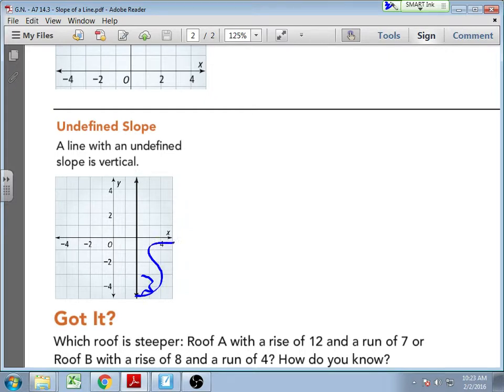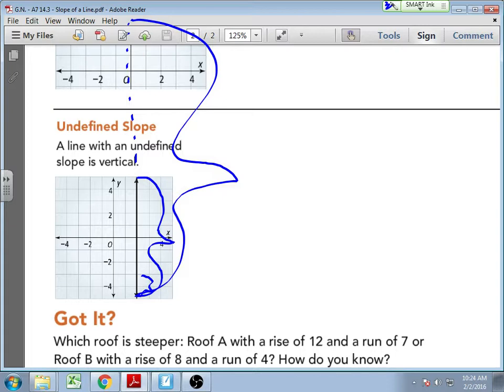If I use this gap, I get 8 over 0. If I use that gap of my vertical line, I'd get like 20 over 0. Doesn't matter how much you change vertically, you never change horizontally, so it's always called undefined. Because we cannot divide by 0. Literally, that answer is undefined.